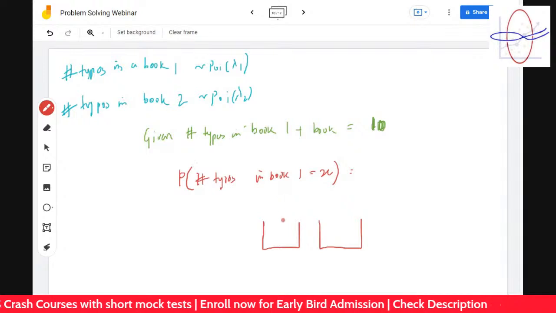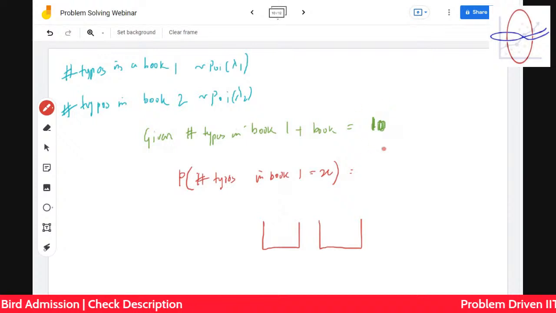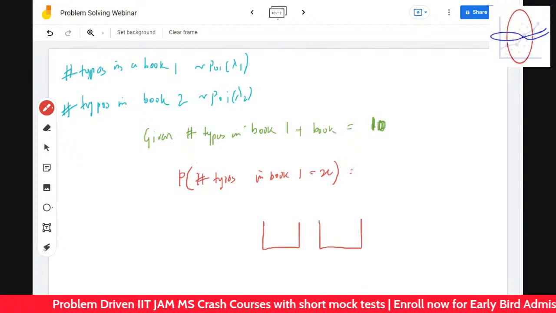Let's take the first typo that has happened. What is the probability that it belongs to the first book or the second book? That's the idea.